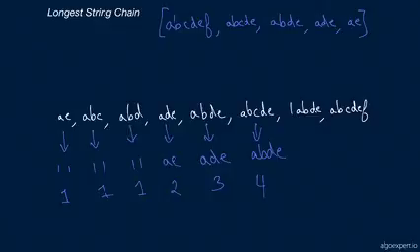Then we get to the second to last string, 1ABD. So 1ABD, we remove 1, and we are left with ABD, or ABDE, sorry. ABDE points to the same thing. So we're going to grab this and say, okay, you can put ABDE here and have this point to that.